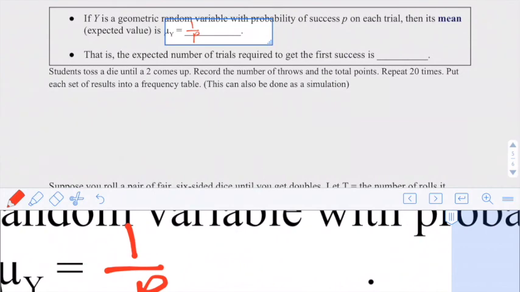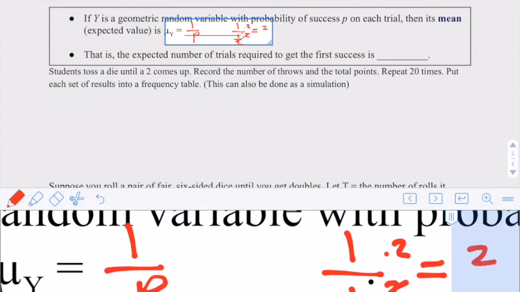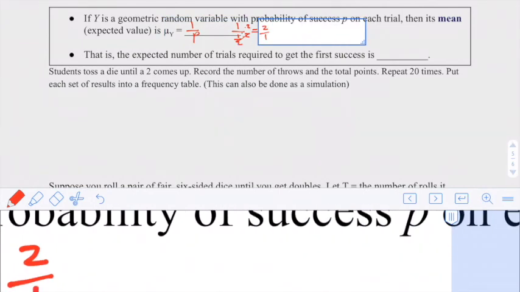So 1 over 1/2, using our algebra, we could multiply the top and the bottom by 2 and get 2 over 1. So 2. It would take approximately 2.